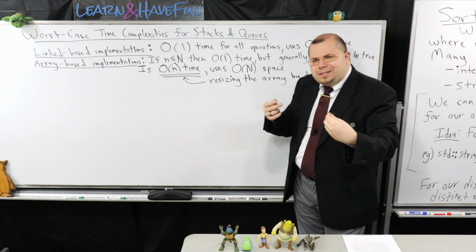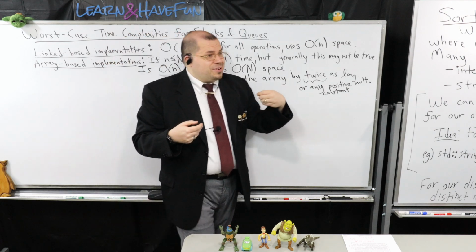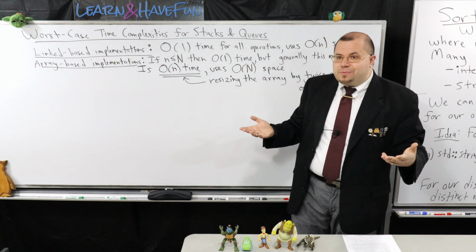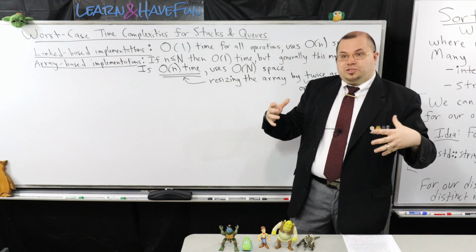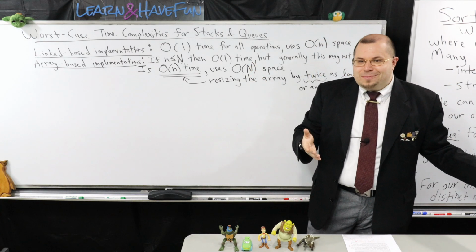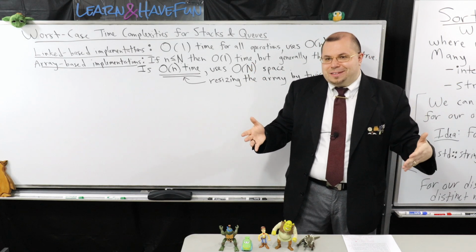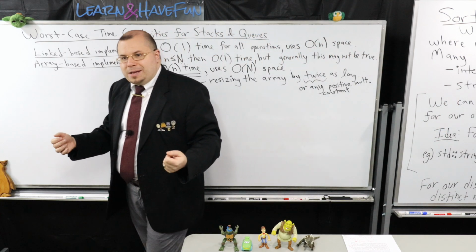I also mentioned, if you're curious, there's also the circular linked queue. There's also an array-based queue, but at the end of last class I talked about how I could try to adopt the idea from the array-based stack, but there's actually an issue with it, so I brought up the circular array queue as a way to remedy that.